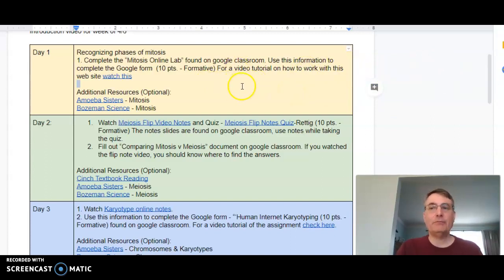So first off, on day one, we're going to do a mitosis online lab. So you'll find a Google form. Actually, I gave you a paper form of this one. I think it's called the Incredible Internet Activity. So basically, you're just going through the phases of mitosis.